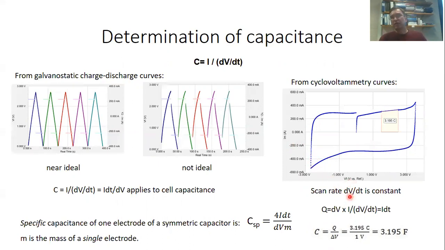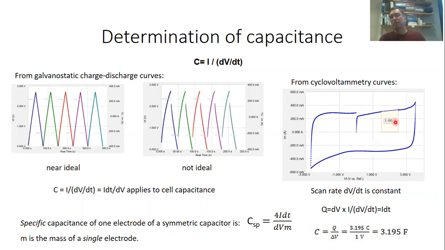Now the scan rate is nothing else but dV over dt. So the capacitance is I over dV over dt. Therefore, we can determine the capacitance by just integrating the area underneath the cyclic voltammetry curve where the current is approximately constant, over a certain potential window.